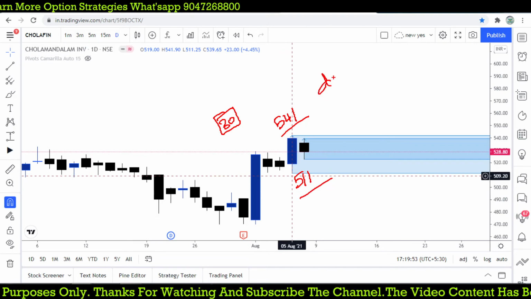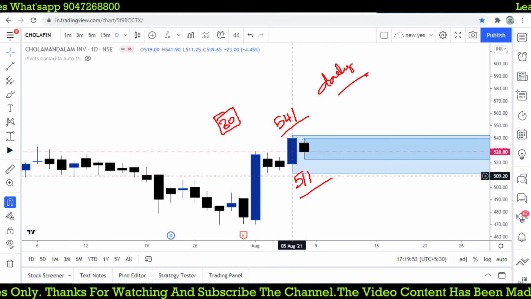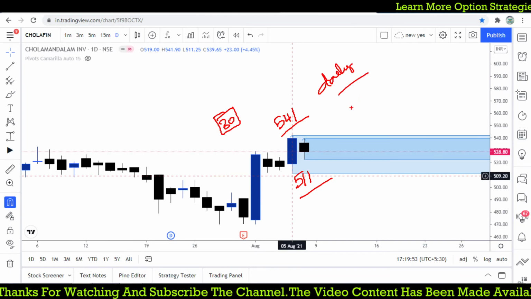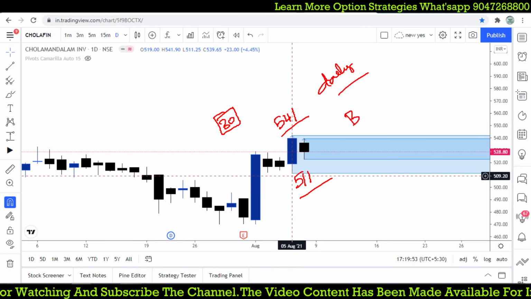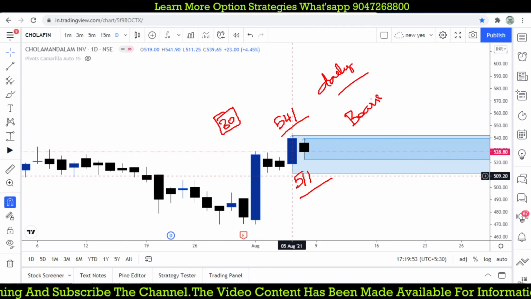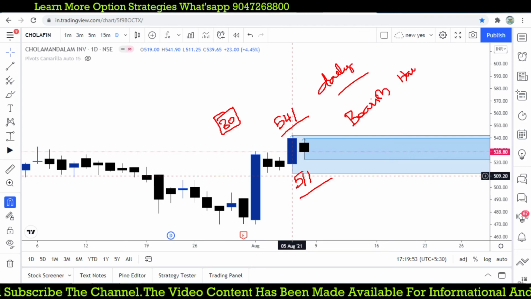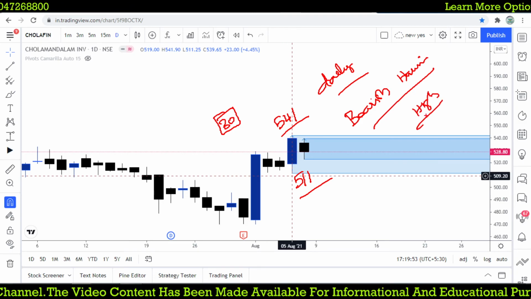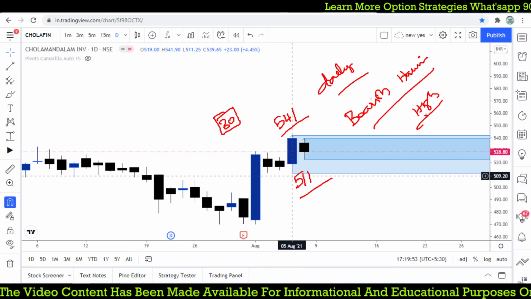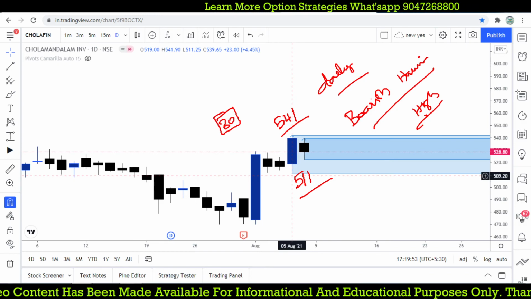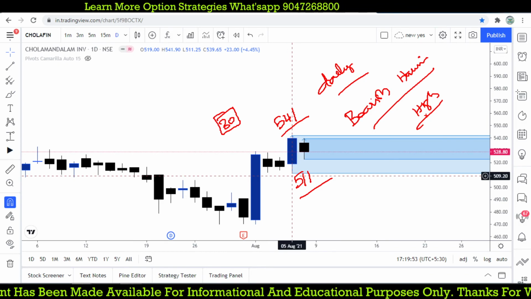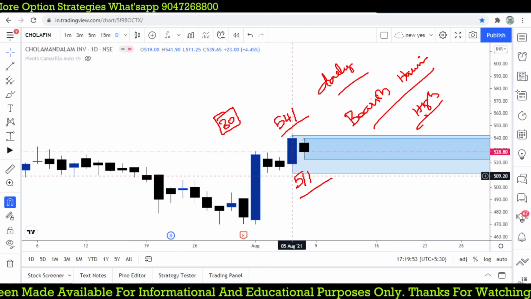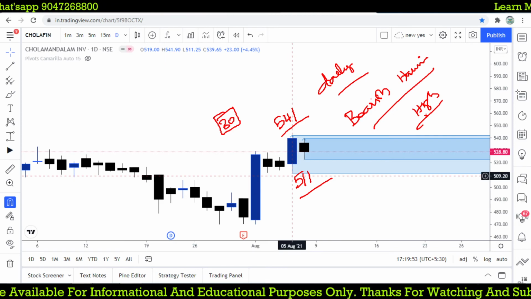So this is the daily Harami candle which forms on the stock, that is what we are expecting. This looks like a bearish Harami, a bearish Harami which forms at a high. So we are expecting a reversal in the trade. We mainly focus on a trade given a breakdown below 511. So we are going to take a trade opportunity, right?